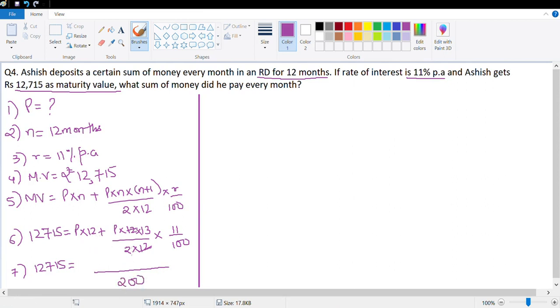And this is 12P multiplied by 200, 12 into 2, 24 with 2 zeros. This is 2400P plus 13 into 11, that's 130 and 13, 143. So 143P. Let me reconfirm, this is 200, 12 into 200, that's 2400P, and 13 into 11, that's 143P. That's correct. Let's cross multiply now.